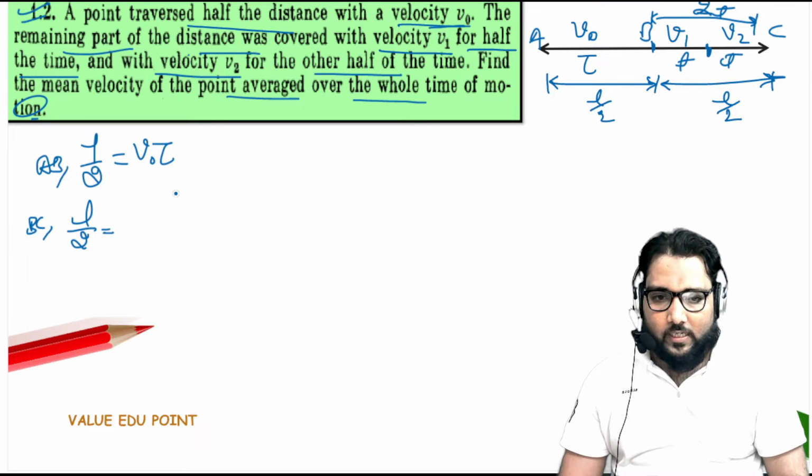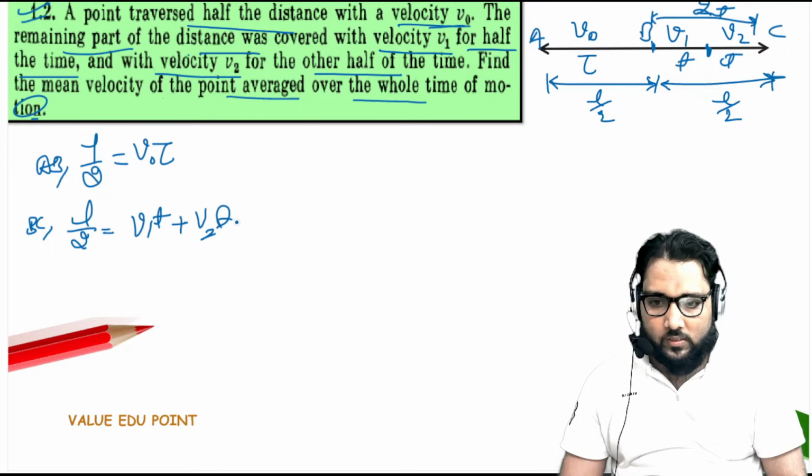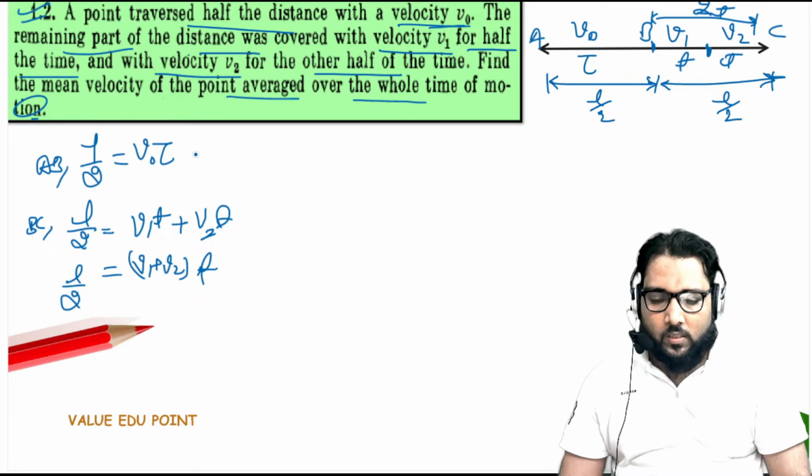So L by 2 is equal to v1t, sorry, not v₀ here, v1 will come. Okay, v1t + v2t. We can write again L by 2 = (v1 + v2)t. Is it okay guys?